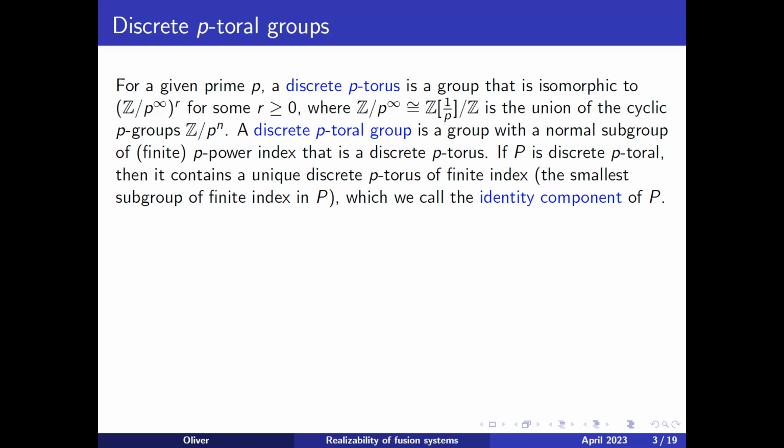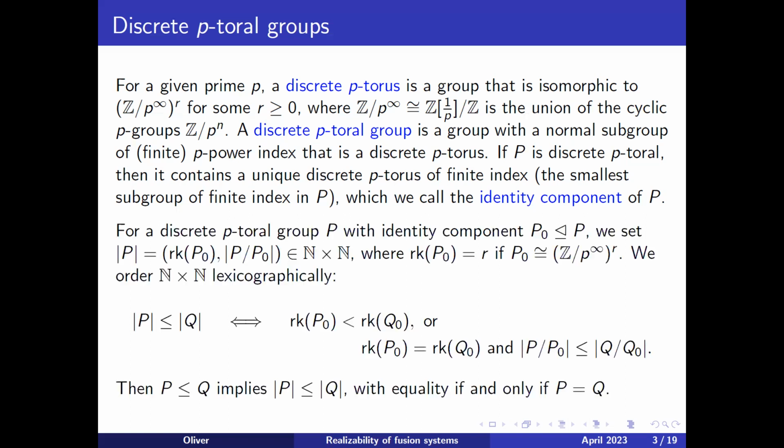It can be characterized as the unique discrete p-torus of finite index, or even as the intersection of all subgroups of finite index in P. So we have a discrete p-toral group P with identity component.